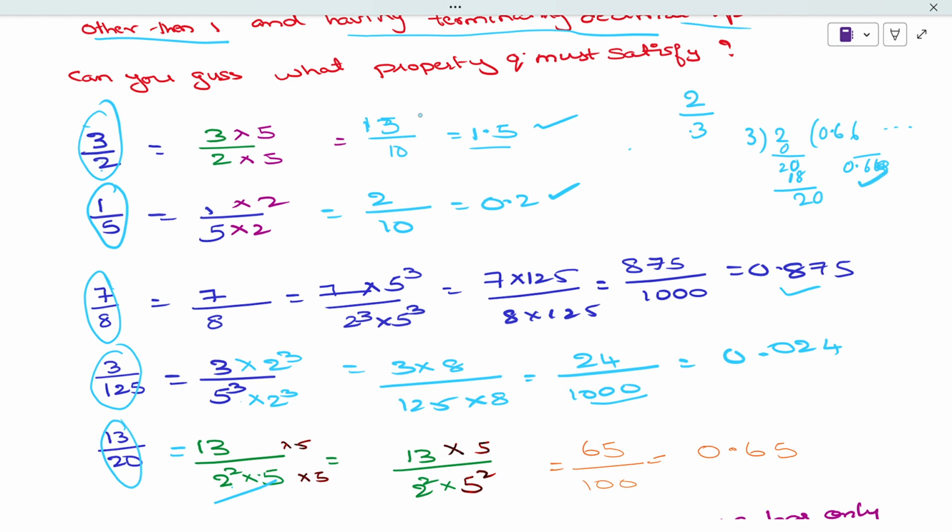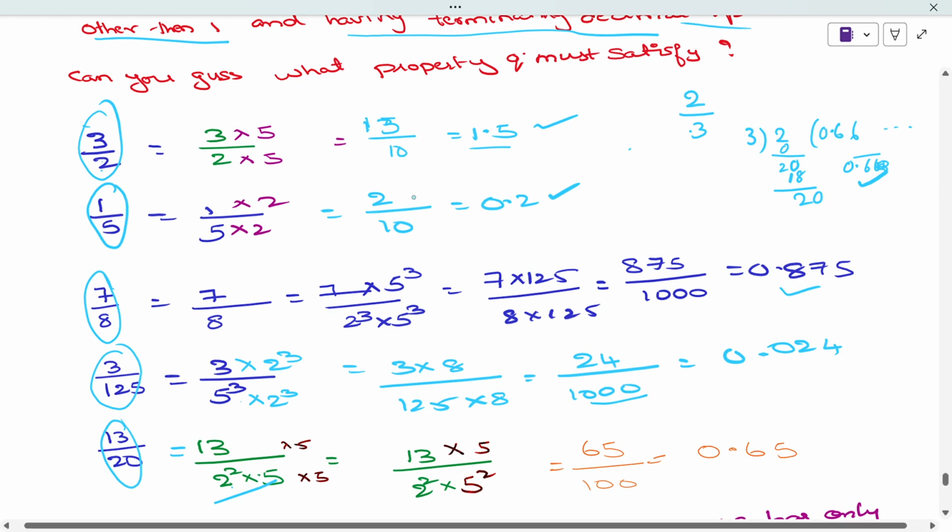Like that you can take any rational number where q is not a product of powers of 2 and powers of 5, then it is not a terminating decimal. So what is the rule, what is the property here?